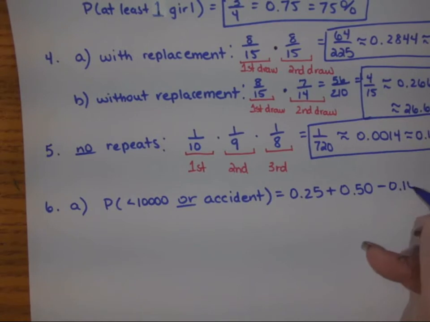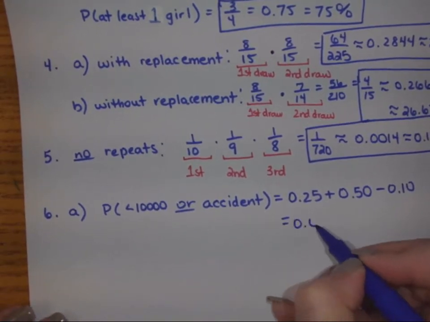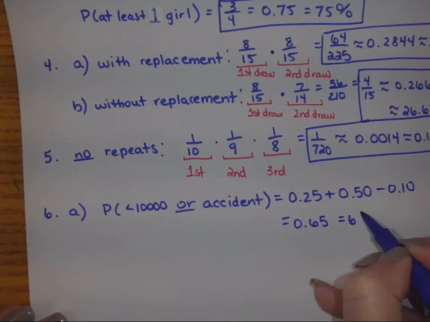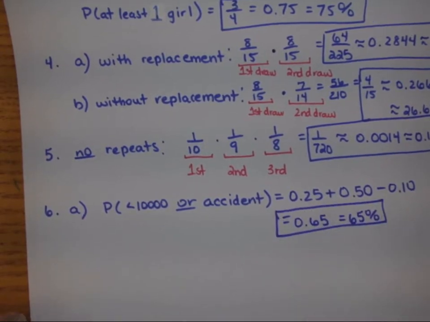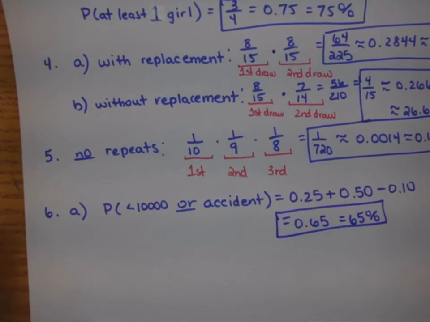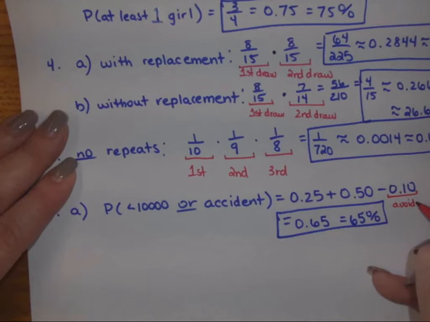So we subtract off 0.10, and that gives us what's on the key, which is 0.65 or 65%. This basically avoids double counting, so that's why we have to subtract it off.